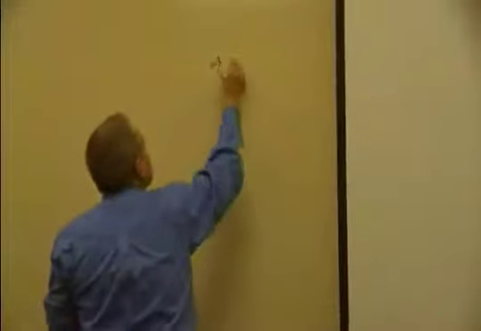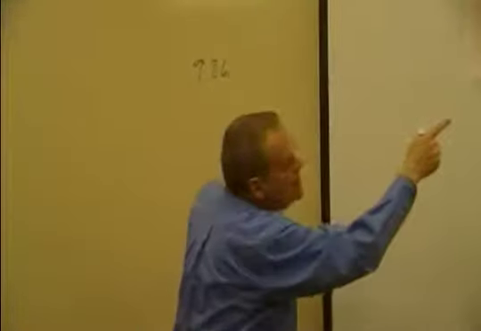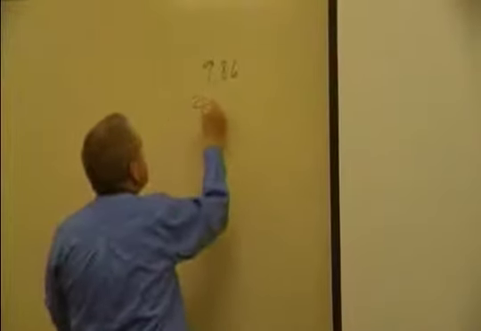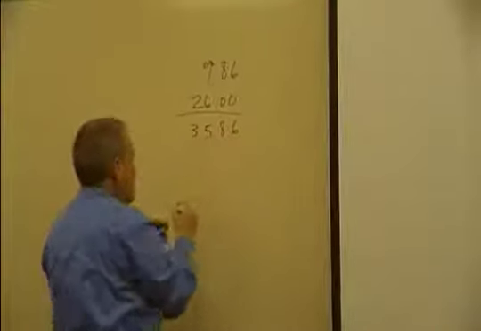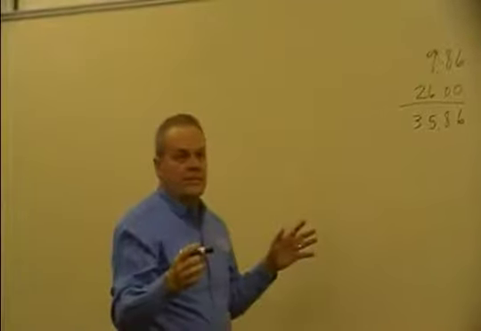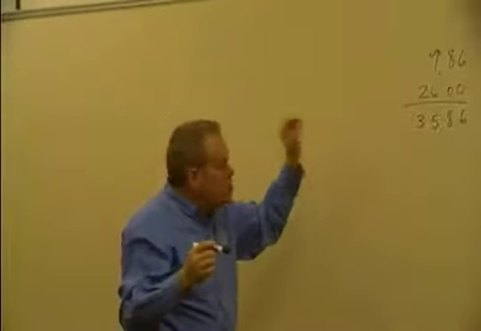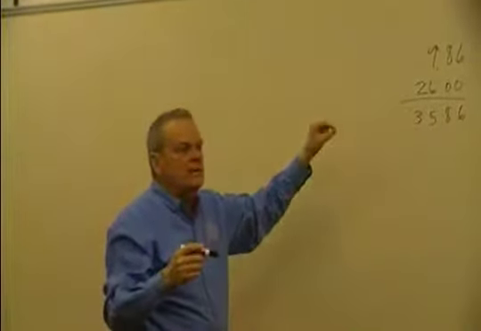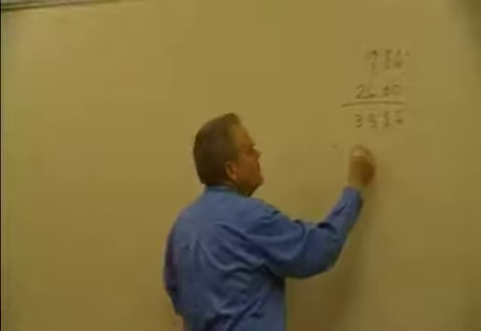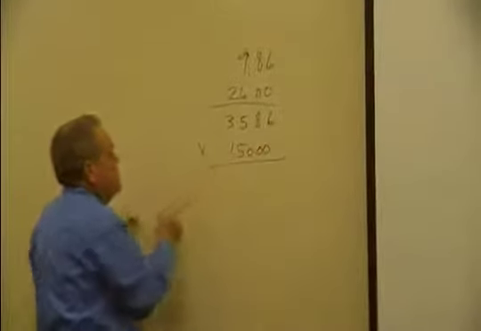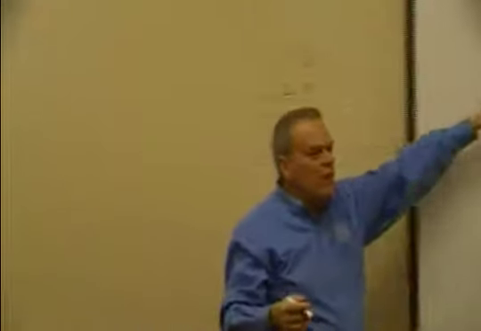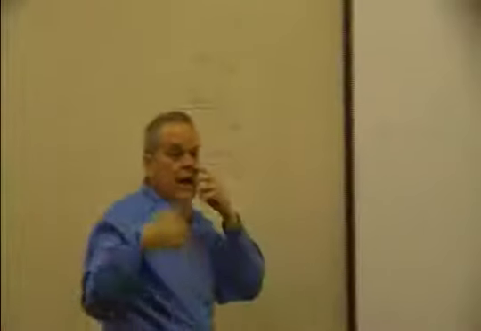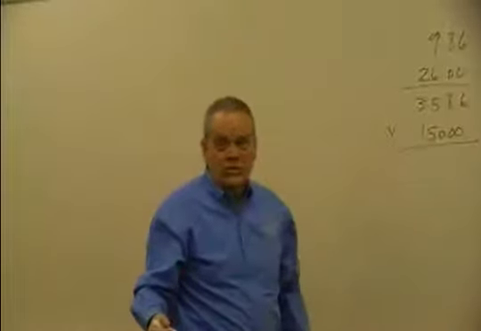If you take 986 and $26, that is the total cost of the good this month. Each unit costs that much this month. And you finished 15,000 of them. That's the same thing. It saves a step. You don't show your work quite as much. You get the answer faster.